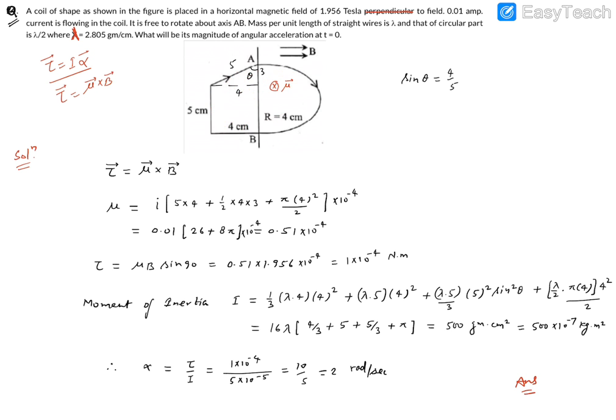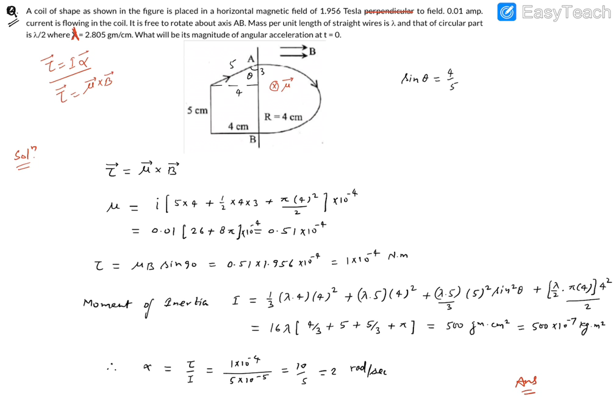And let's assume this angle is theta. You'll find that this is 4, so this will be 4, and this is 8, so this must be 5, so remaining will be 3. So 3, 4, right angle triangle will make it 5, so this segment will come as 5. Making sense? It should.